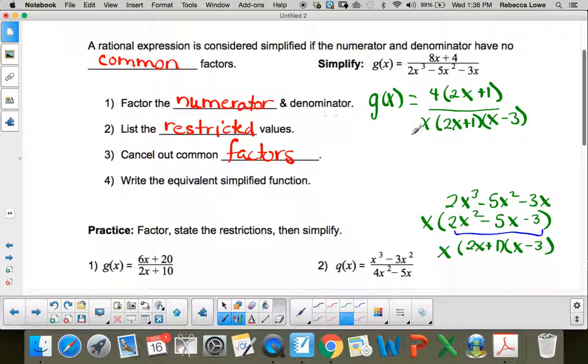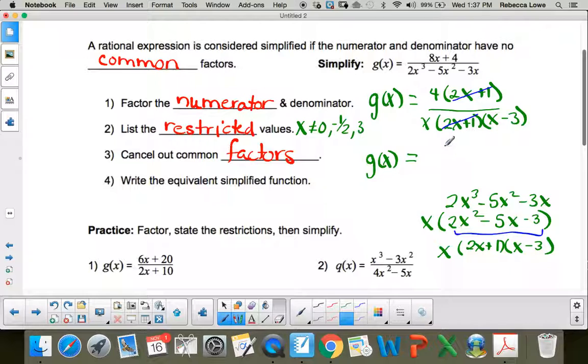So the restricted values are what makes the denominator equal to 0. So x cannot take on the value of 0, it cannot take on negative 1/2, and it cannot take on 3. Basically, we have 3 asymptotes. Now we're going to go ahead and cancel out common factors. 2x plus 1 and 2x plus 1 are both common factors, so they can be canceled out. 2x plus 1 over 2x plus 1 is 1, so it's gone.